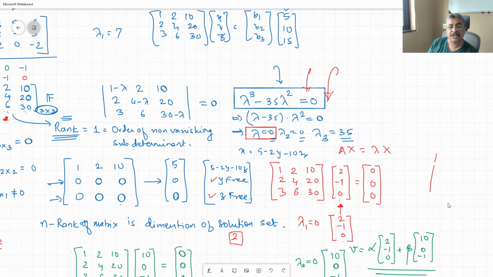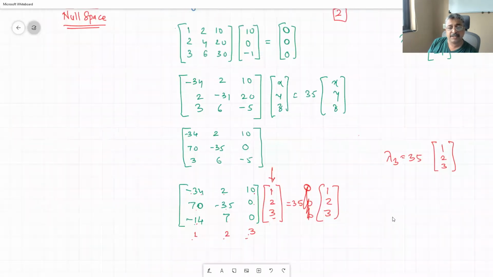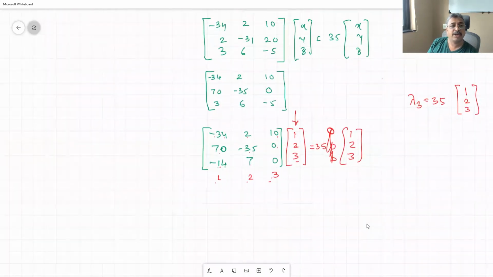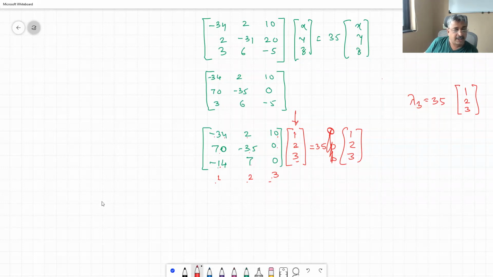I am basically touching upon the tricks and techniques to find out eigenvalues quickly, and if it is possible, finding out eigenvectors also quickly. So let me give you next problem, next assignment.